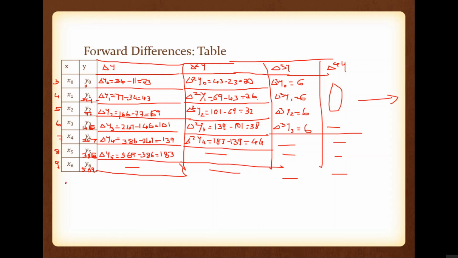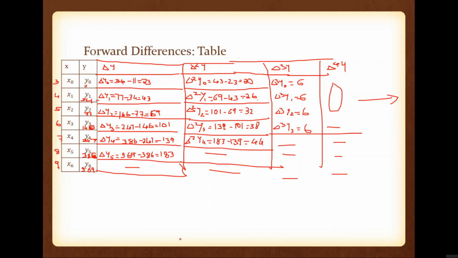If we have a large number of data and all entries of delta cube y are constant, or all entries of delta raised to 4y are 0, then we can say the unknown function is a cubic function.